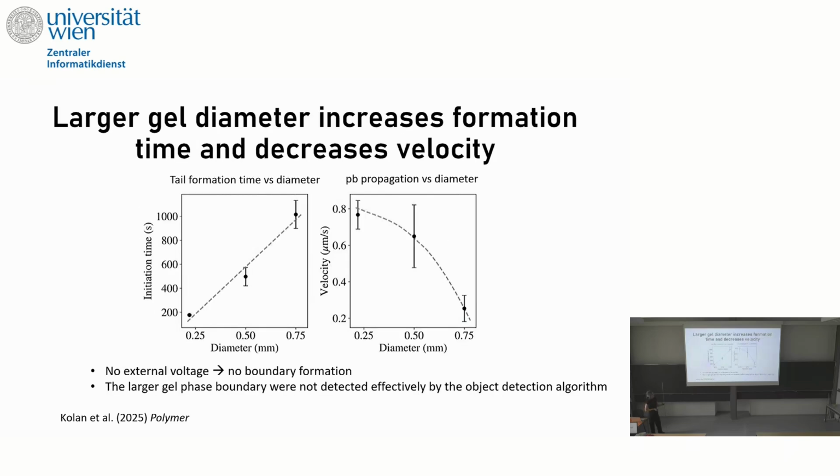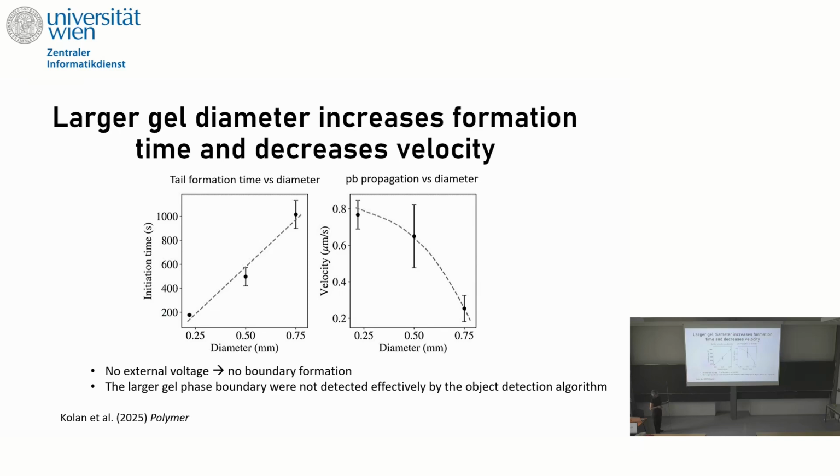We also wanted to check different gel diameters. The diameters you see here are the dry gel diameters. For these experiments, we used external voltage because we saw that for the larger gels, there is no boundary formation if we didn't apply electrical current.